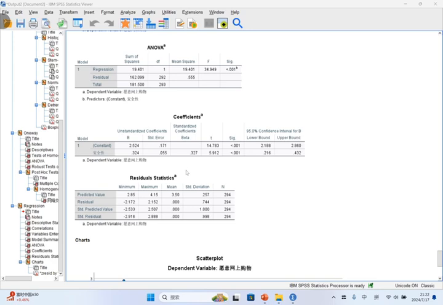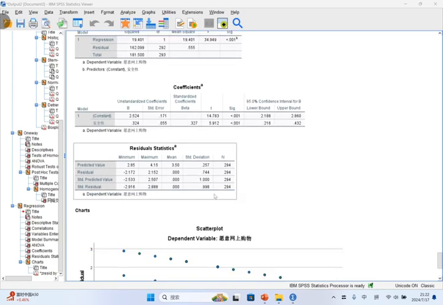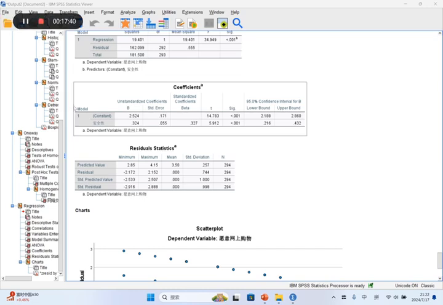Histogram of the regression standardized residual values. If the cumulative probability distribution of the standardized residual values forms a 45-degree diagonal line from lower left to upper right, then the sample observation values comply with the assumption of normality.